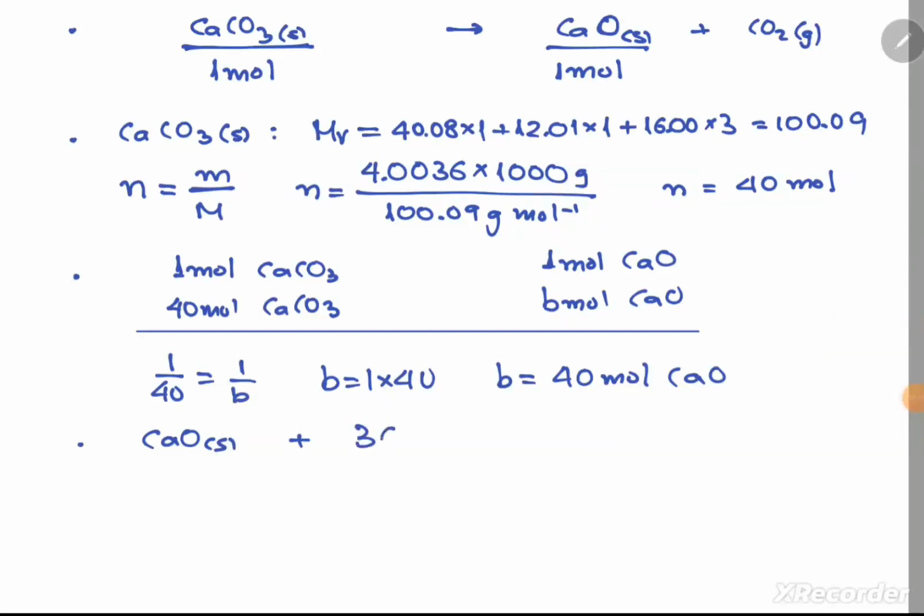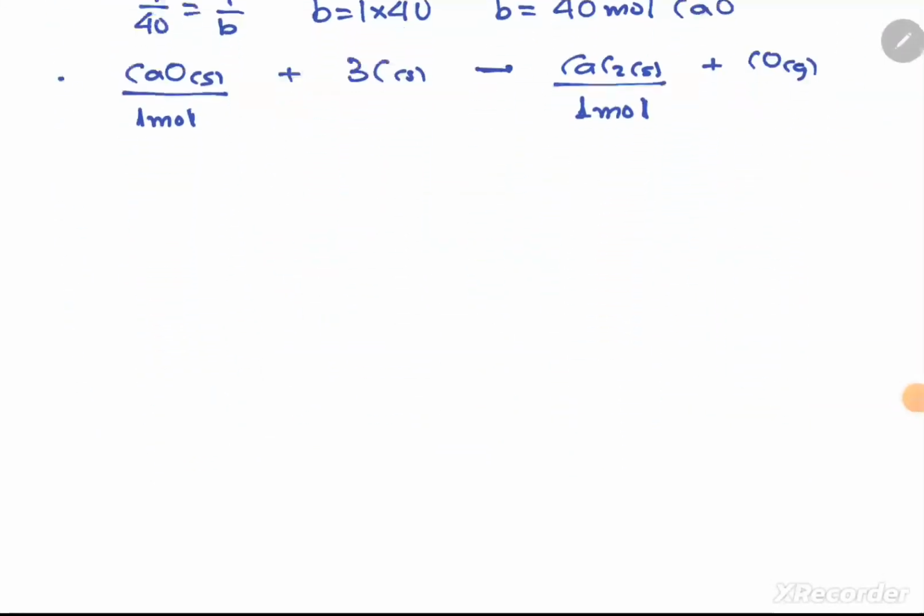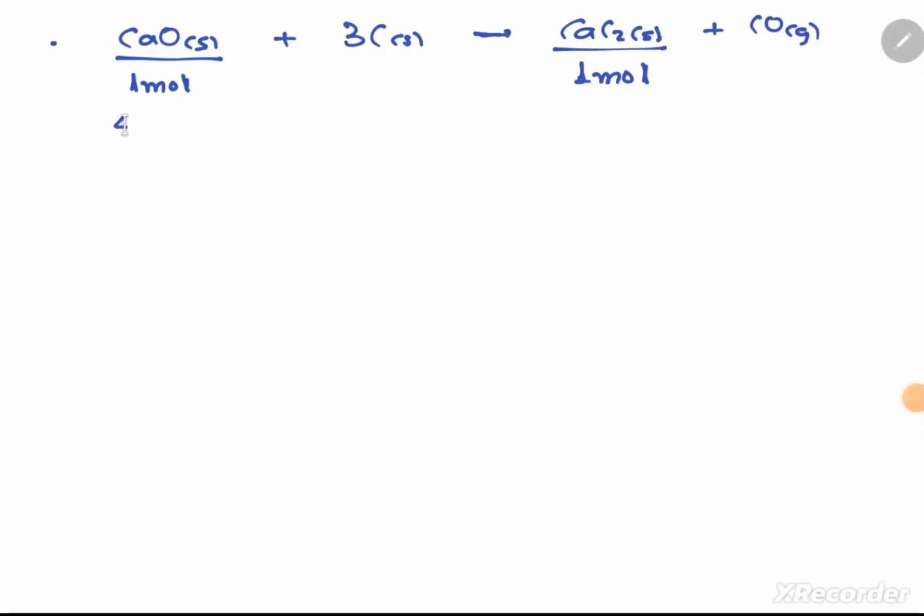We have the second equation, which is given, and we write the mole ratio. 1 mole, 1 mole. 40 mole of calcium oxide gives some mole charcoal.